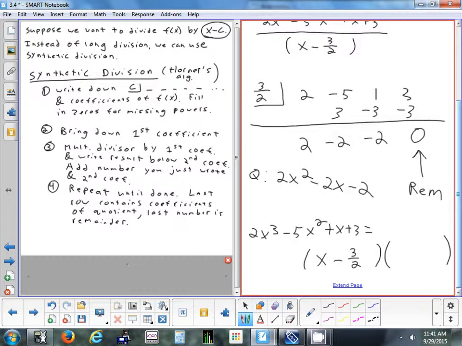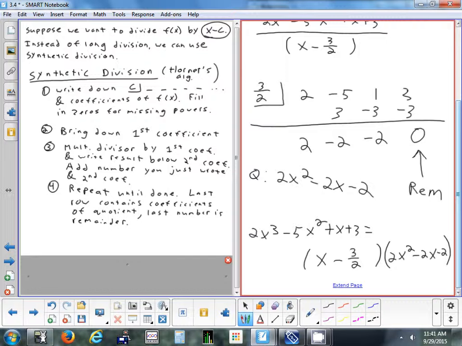And what would be the other factor? 2x squared minus 2x minus 2. Like if I said to you, okay, factor the number 12, and I told you 3 is a factor. Take 12, divide by 3, look at your quotient. Quotient is 4. The quotient is the other factor. So in that case, 3 and 4.